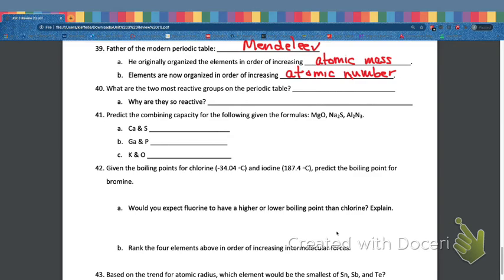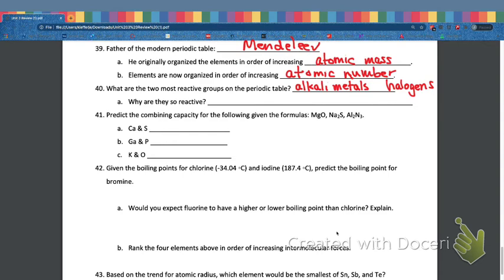So the two most reactive groups on the periodic table are the alkali metals and the halogens. Groups 1 and 17.